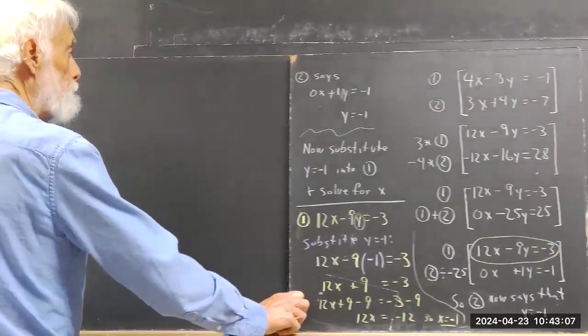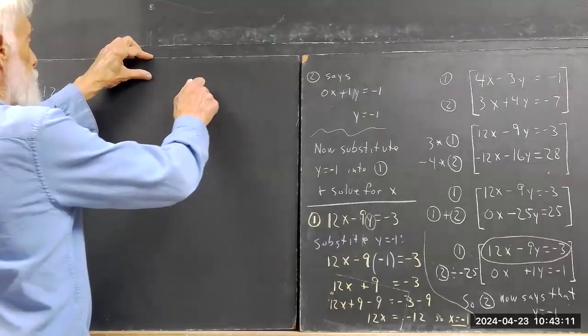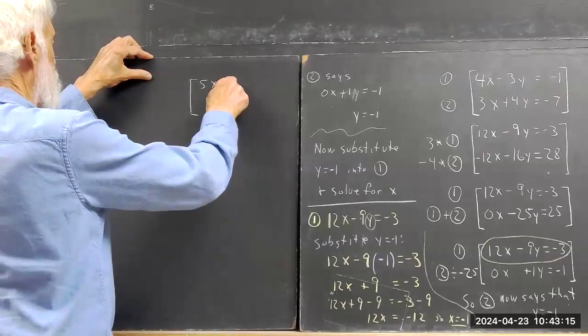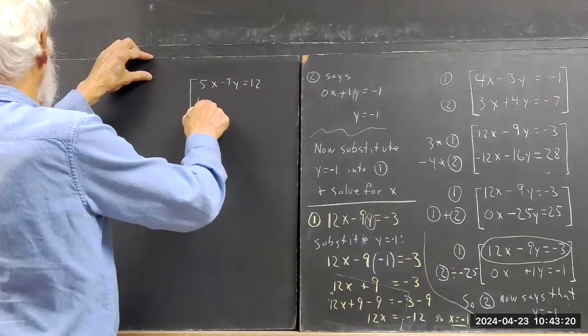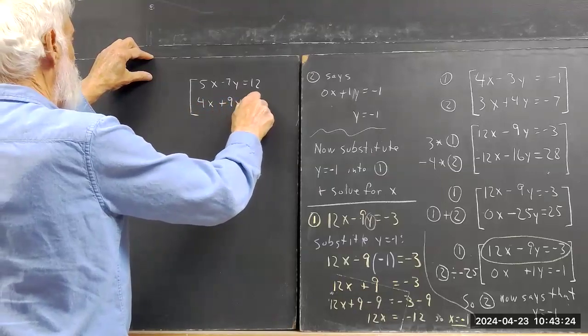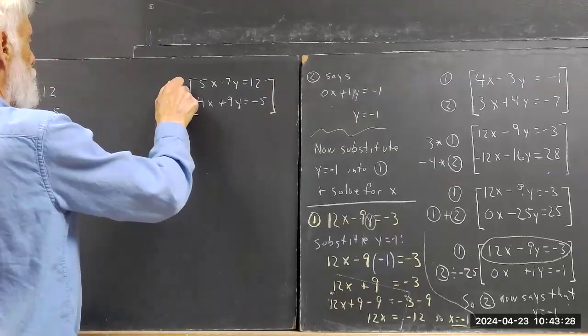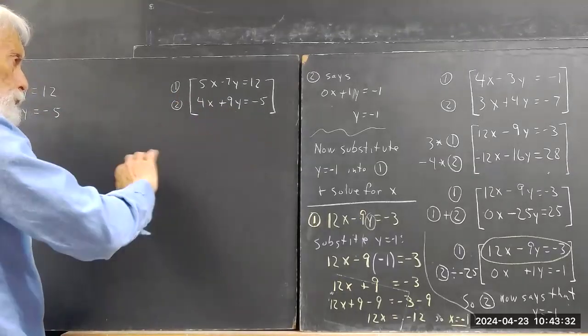I'm going to write the system in brackets, and label the lines 1 and 2, the rows 1 and 2. I'm going to call these rows, not lines.